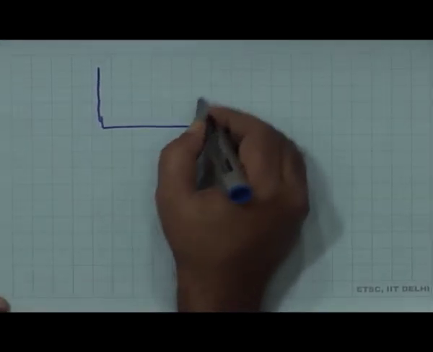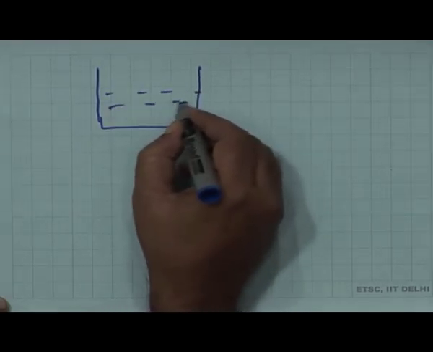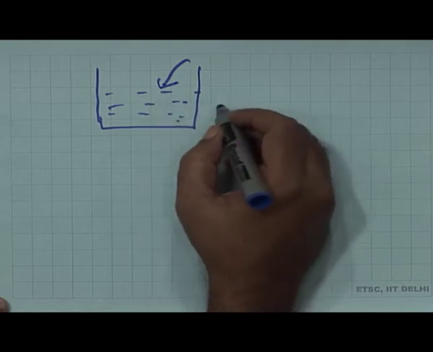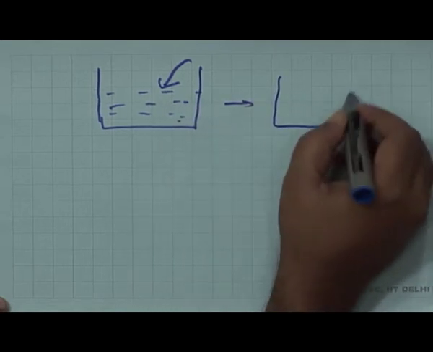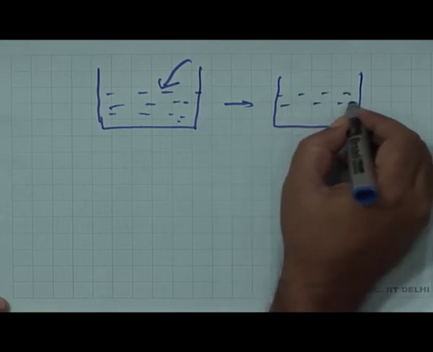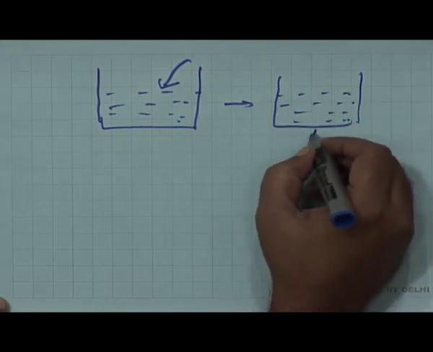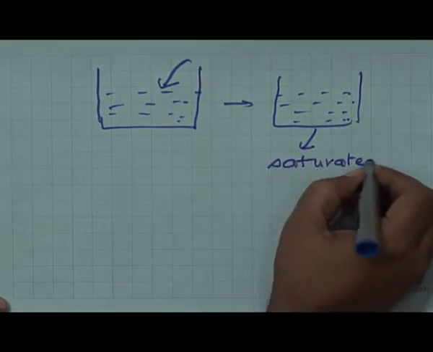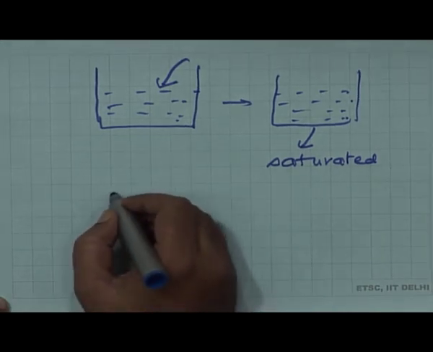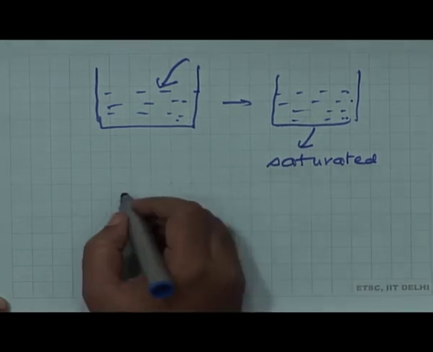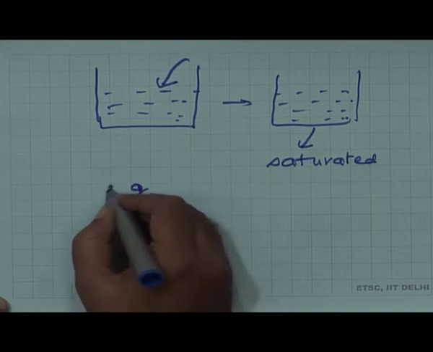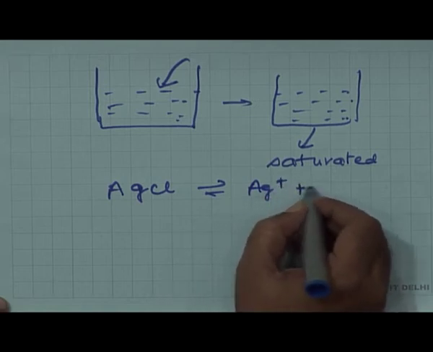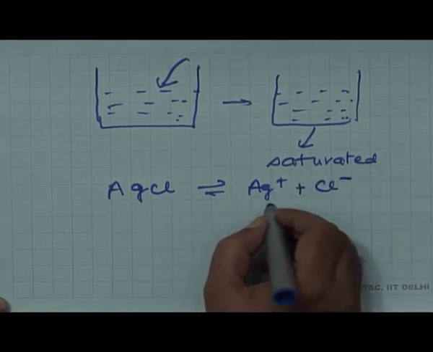But when you add more of AgCl, what will happen is your solution will first become saturated. At this condition, there will be equilibrium between AgCl solid and Ag plus, Cl minus in solution.